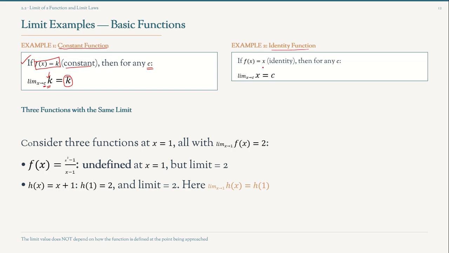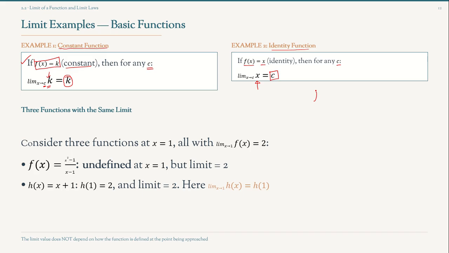And the identity function: if f of x equals x, then for c the result will be c. Is it clear? Check another example.